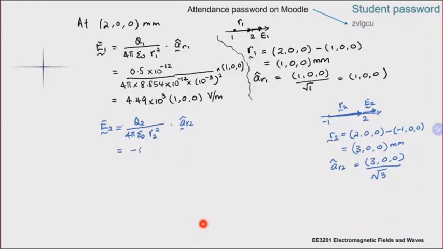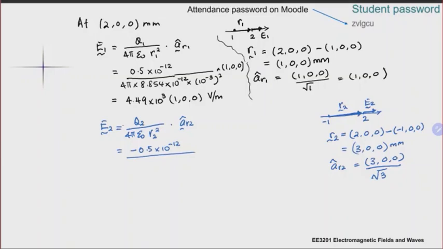This will be minus 0.5 times 10 to the minus 12. Sir, hello? It should be 3 instead of root 3. Yes, thank you for that.